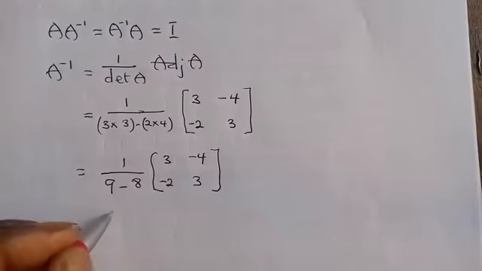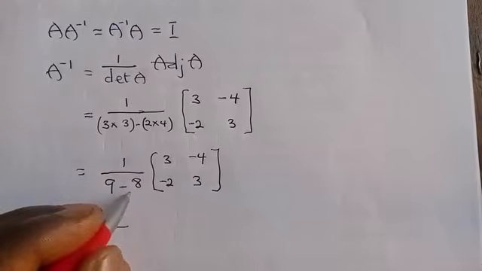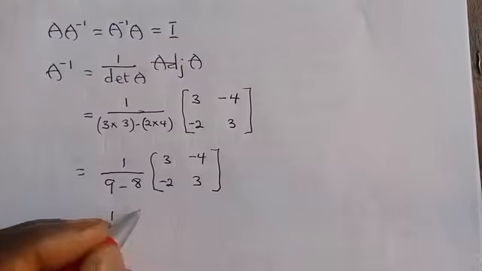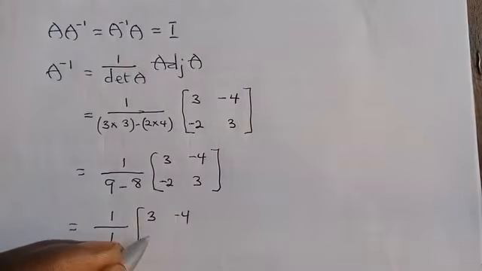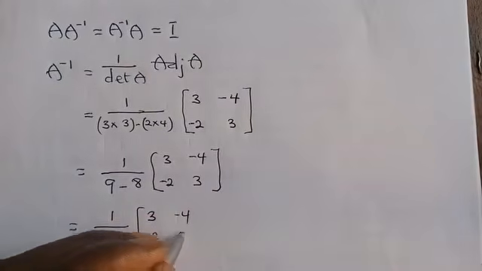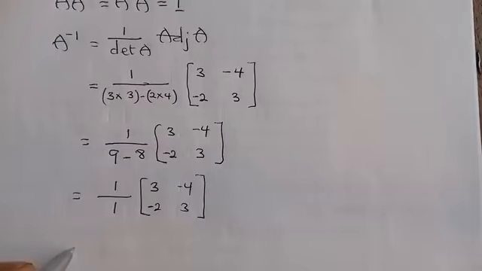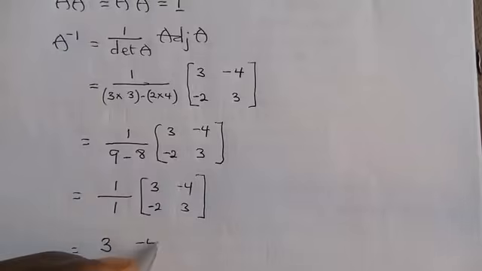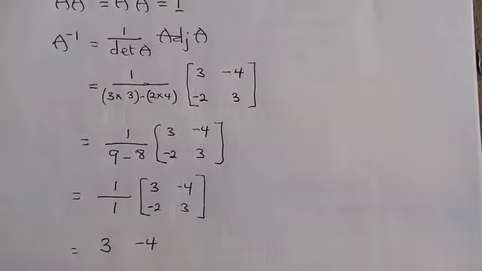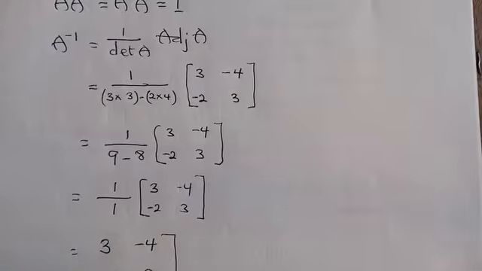It's equal to 1 over 9 minus 8, we have 1, multiplied by this matrix 3, -4, -2 and 3. 1 divided by 1 is 1. So multiplying the adjoint here, you have 3, -4, -2 and 3 as our final answer.